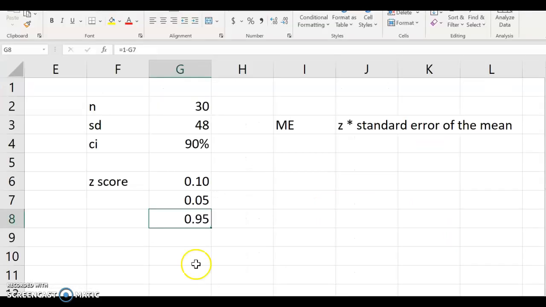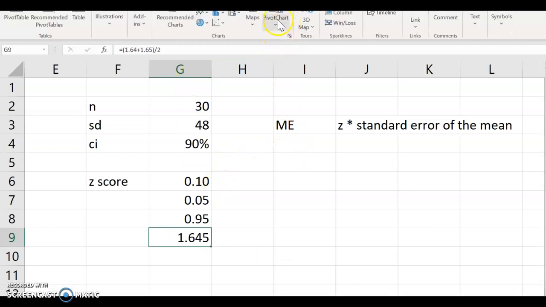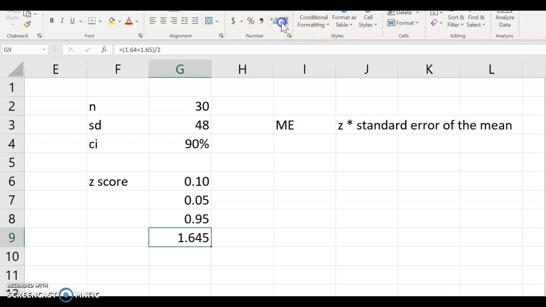So 1.64 halfway. So that would be 1.645, but they want us to round the z-score to 2 decimal places. So there's our z value.